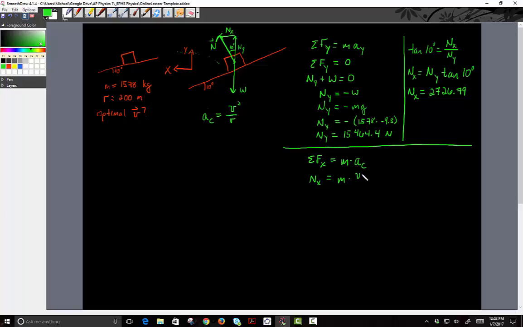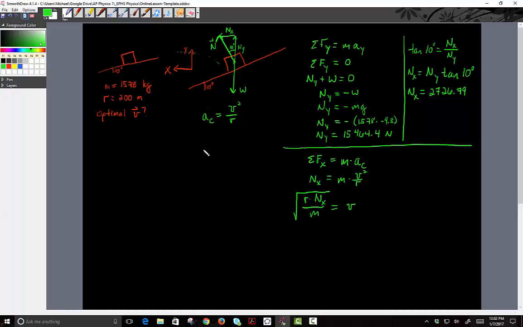So we get v squared over r. I need to solve for v, so I'm going to divide by m and multiply by r. So I get r times nx divided by m equals v squared. To get rid of that, I just take the square root on the other side. So this equation will tell me the optimal velocity on this curve.